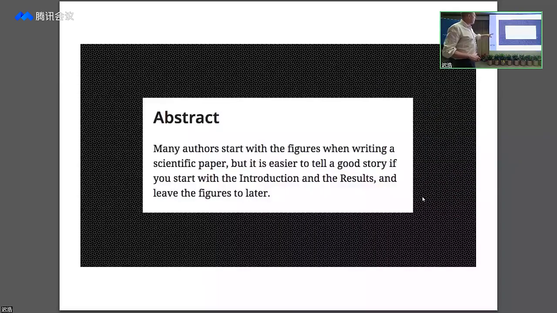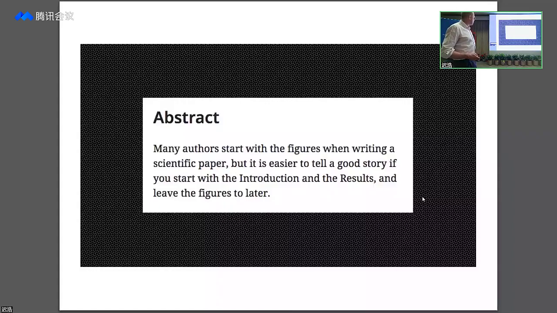Point of view, tell me a story. Here the author of this article makes this point: many authors start with the figures when writing a paper, but it's easy to tell a good story if you start with the introduction and the results, and leave the figures for later.